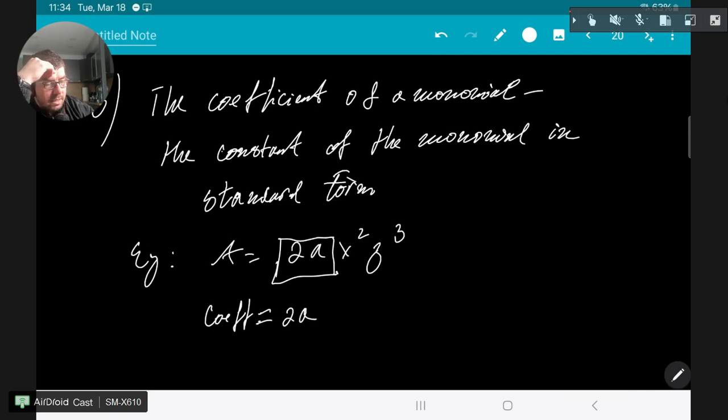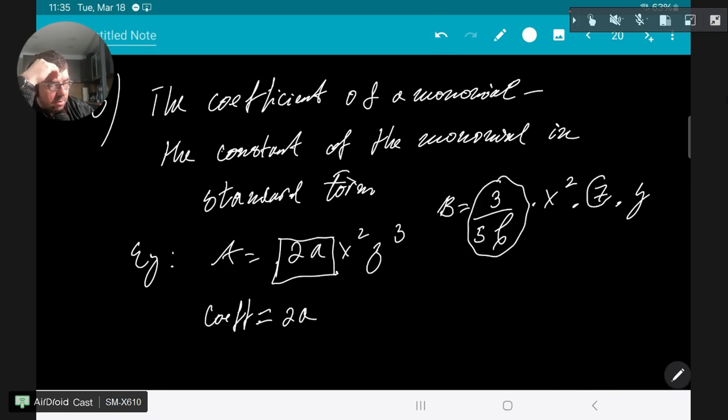If I have, for example, this expression here, 3 over 5b, that doesn't matter what it is, times x to the power 2 times 7 times y. So first I need to write it in standard form. I need to multiply these constants here.